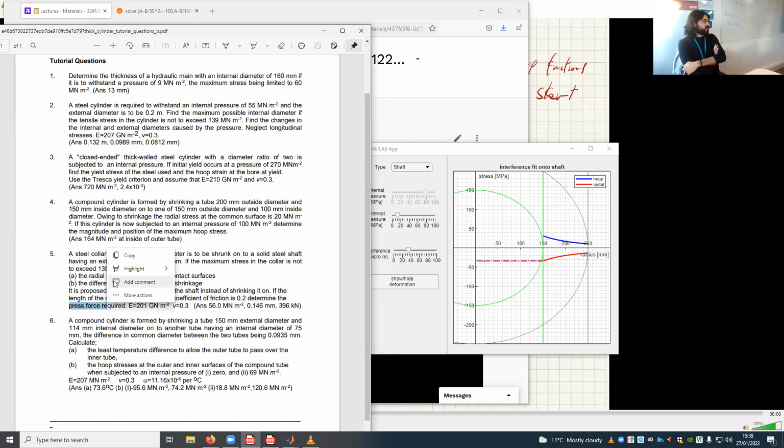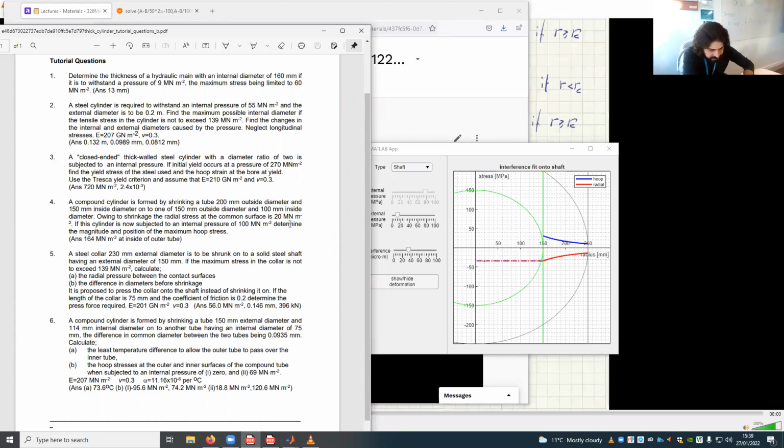And this is linked with the coursework, because part B of the coursework is asking you to do the same thing that we did in part 4. And part C of the coursework is asking you to calculate this press force as well. So let's do this very briefly again. Very briefly, let me copy this one.